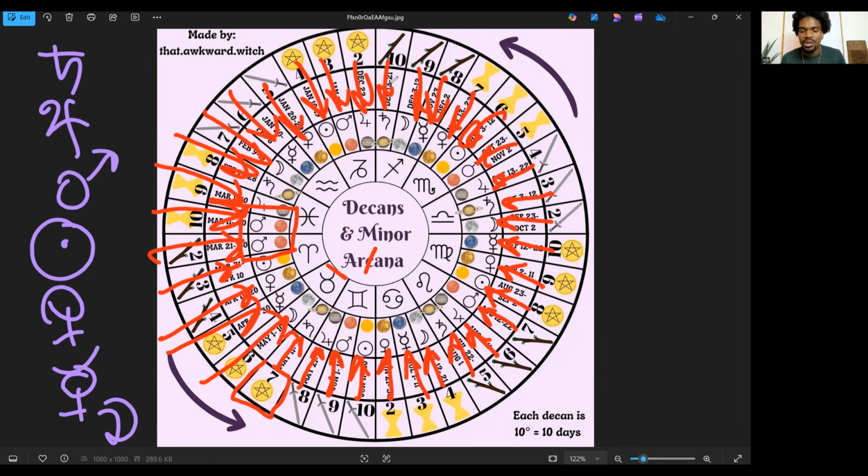So people say, oh, Michael, you memorized so much stuff. I haven't actually memorized this part of the essential dignities table. I just know what the different signs of the zodiac are, and as a result of that, I also know the cards associated with each of those signs.